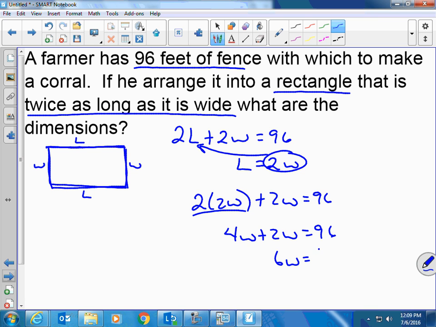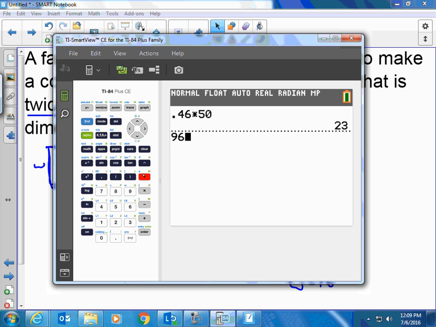Adding those together, 6W is equal to 96. And take 96 divided by 6, and we get 16. If my mental math is correct, probably should check that. 96 divided by 6 is 16.